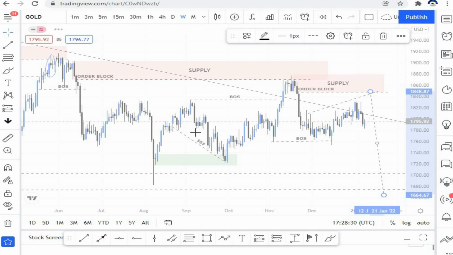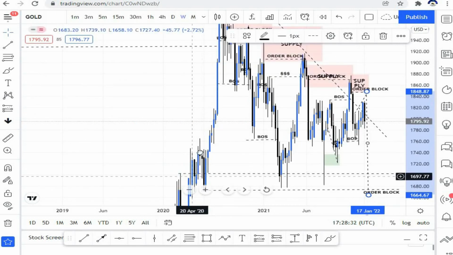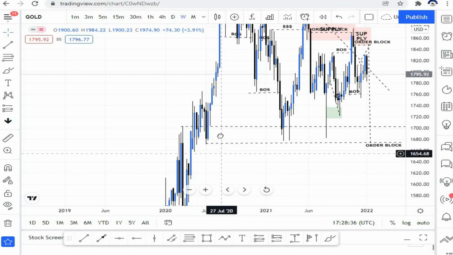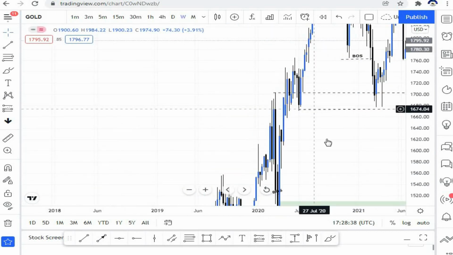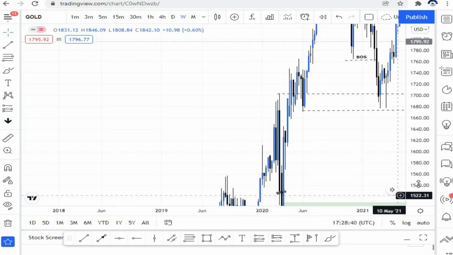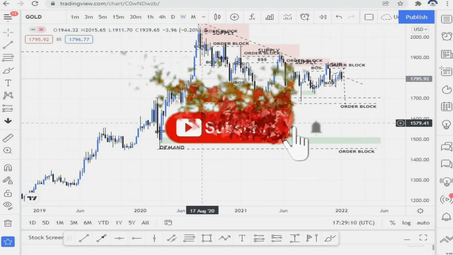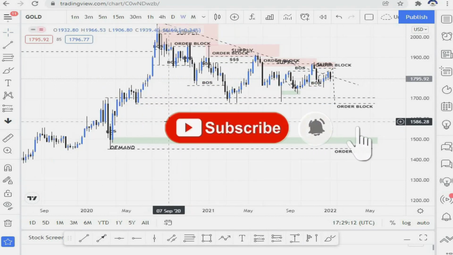Let me show you in our weekly time frame. As you can see here, guys, this is the OB right there. And let me zoom out. So as you can see here, guys, we had this OB right there. The first candlestick was taken out, guys.